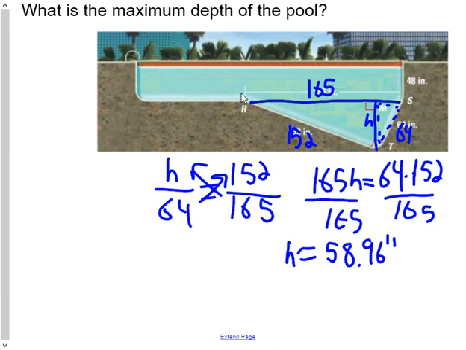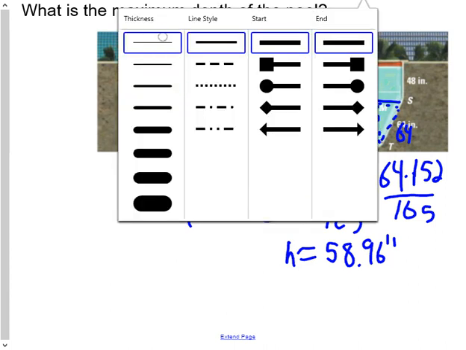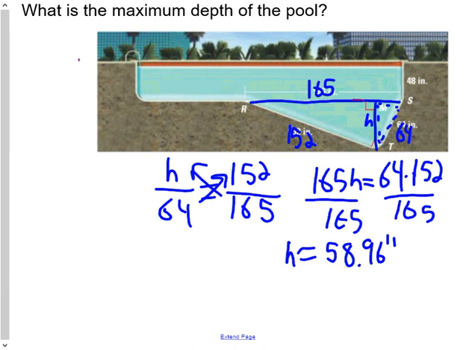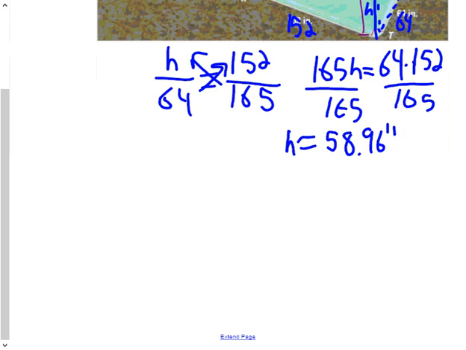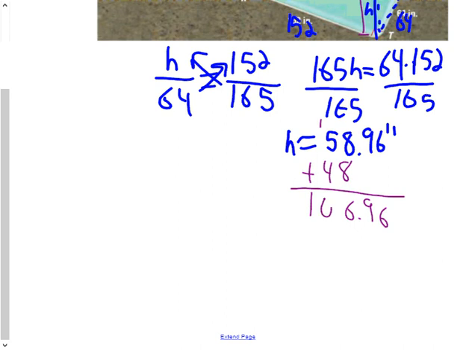H is just how deep the deep end goes beyond our part, right? H is just from the 4 feet deep already to the bottom of the pool. So we need to add another 48 inches to that, and we'll get 106.96 inches deep. That's how deep the pool is.